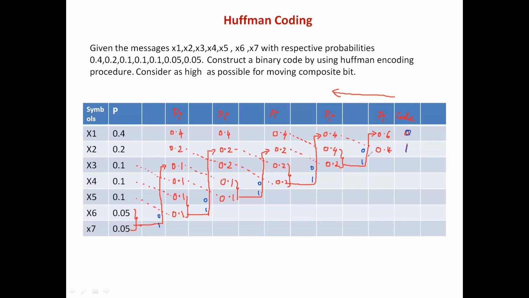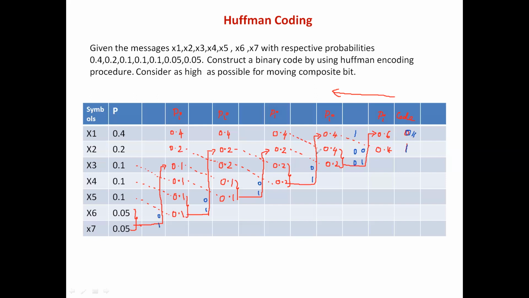This 0.6 is derived by combining 0.4 and 0.2. What is the code word for 0.6? It is 0. So I will write the zeros here for these two values. 0.4 is having the code 1. Similarly, this 0.4 is a combination of 0.2 and 0.2.